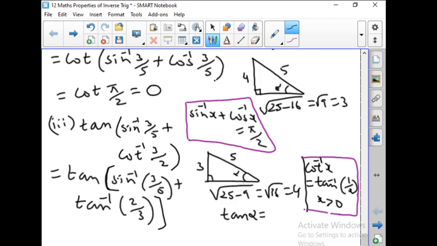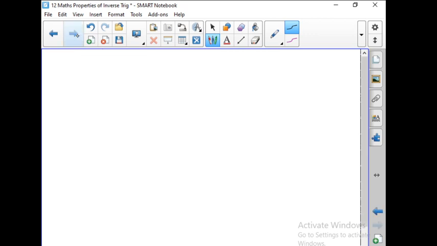Tan alpha is equal to opposite by adjacent, so it is 3 by 4. Therefore sine inverse of 3 by 5 can be written as tan inverse of 3 by 4.